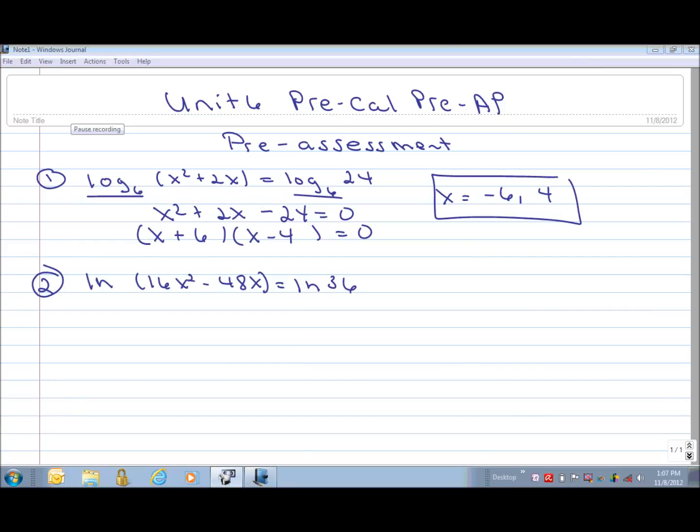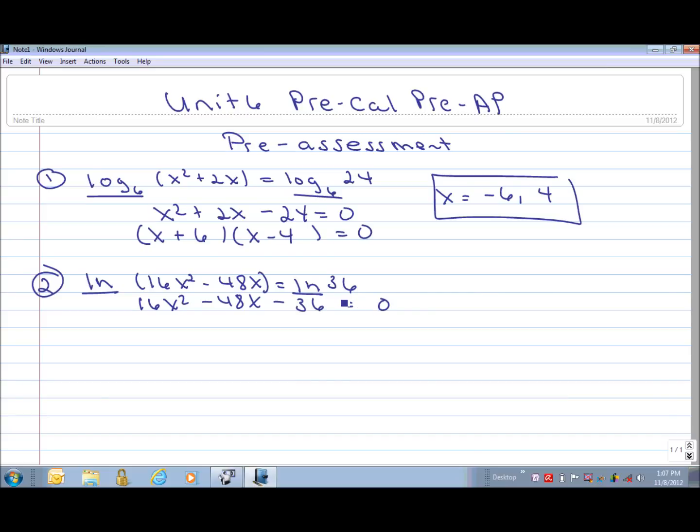Our natural logs, number 2, work very similar to our logs with different bases. Of course, you know a natural log is simply a log with a base of e, which is approximately 2.7. So that's really the only difference. Again, we have one on each side so that we can envision them canceling. We would end up with 16x squared minus 48x, move the 36 over, minus 36 equals 0.